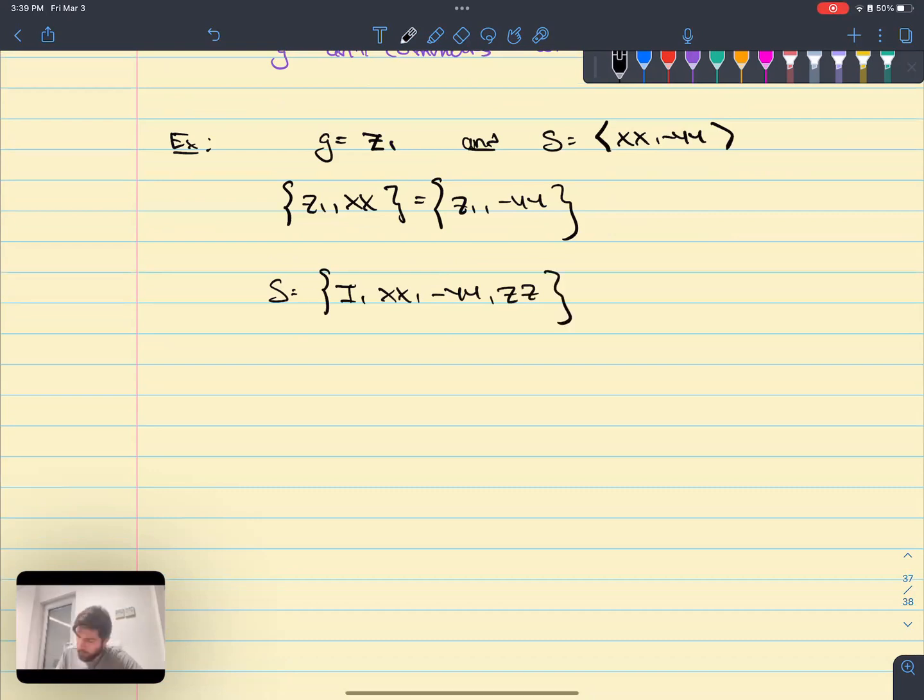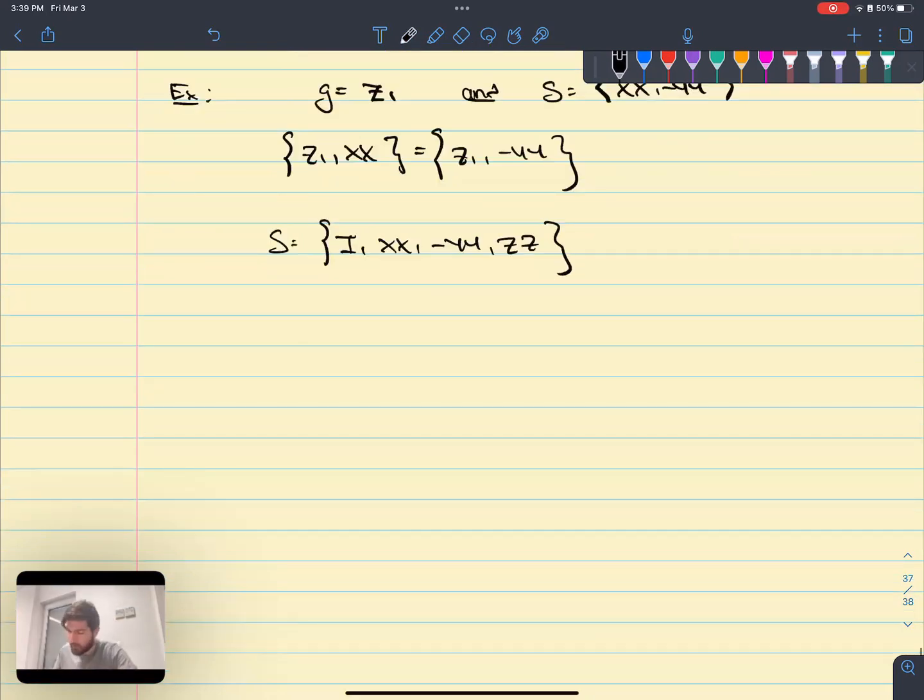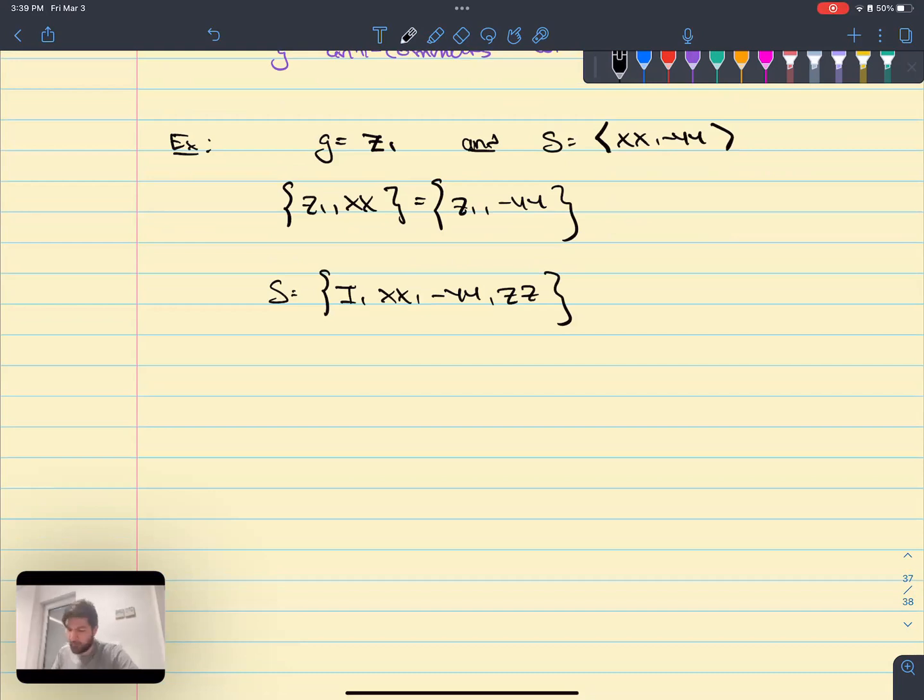And what it turns out you can always do is that if you have more than one generator that anti-commutes with G, the observable that we want to measure, then we can always rearrange the generators such that only one generator anti-commutes.